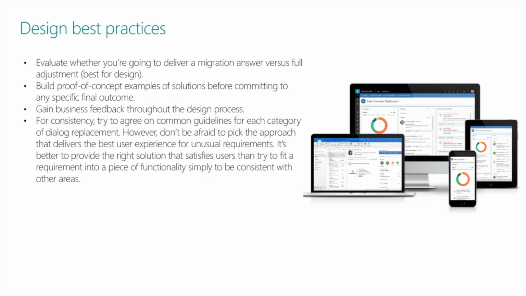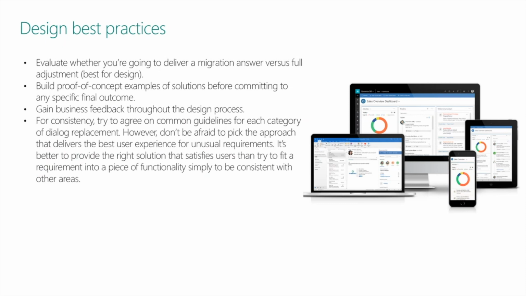And for consistency, you want to try to have a guideline for each category of dialogue replacement. So, for example, if you have one or two dialogues today that trigger a sub process, you want to try as much as possible to have one approach for triggering sub processes. Similarly, if you use dialogues today, for example, to run approval processes, you want to have one specific approach to manage approvals.